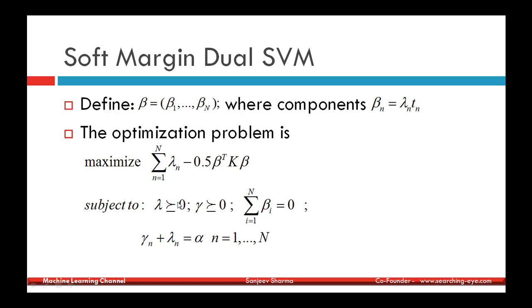Again, we define a vector beta whose components represent lambda n times t n. Just to represent it in a short mathematical form, I'm replacing the variables lambda n times t n with beta n.